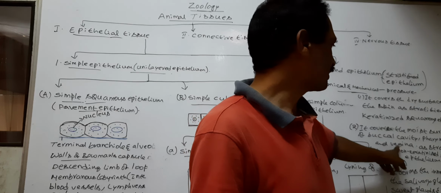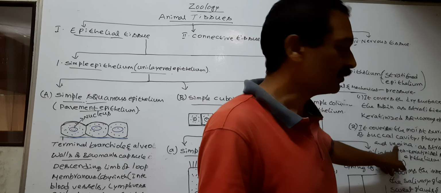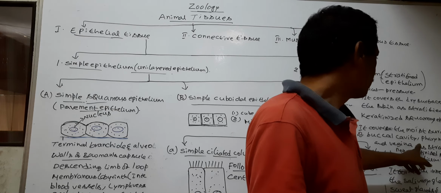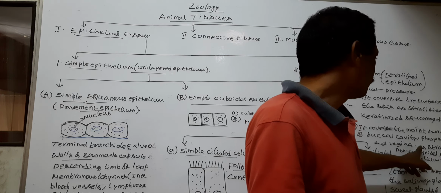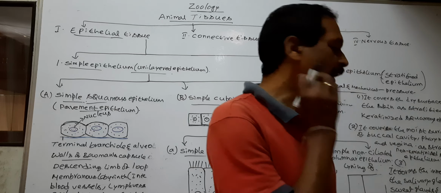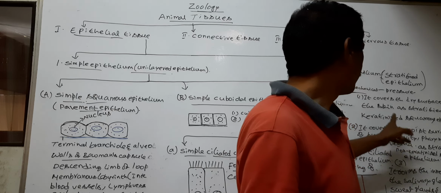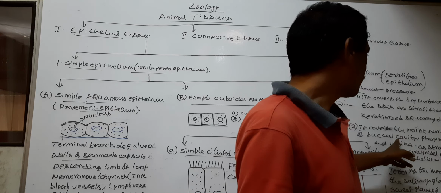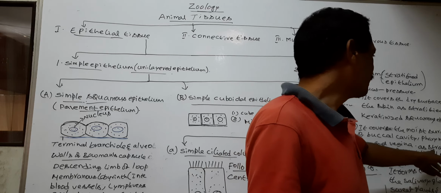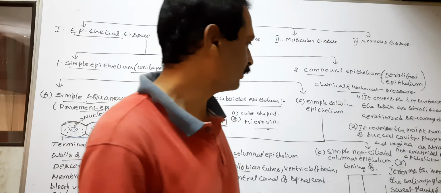It also covers the vagina. The vagina is the female reproductive organ. In these organs, the compound epithelium is present as stratified non-keratinized squamous epithelium. The compound epithelium in the moist surface of the buccal cavity, pharynx, esophagus, and vagina is called stratified non-keratinized squamous epithelium.